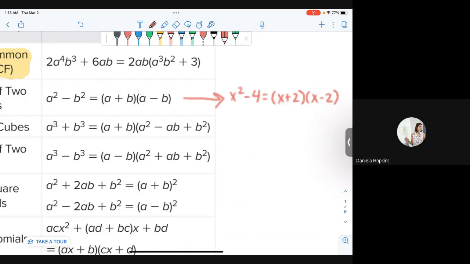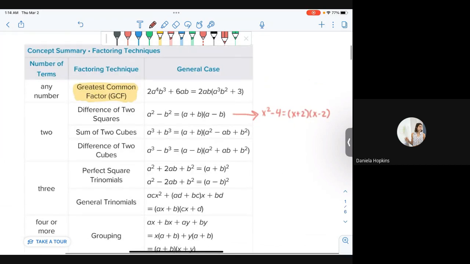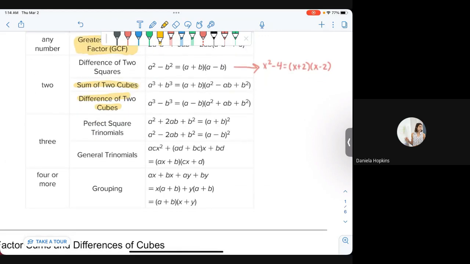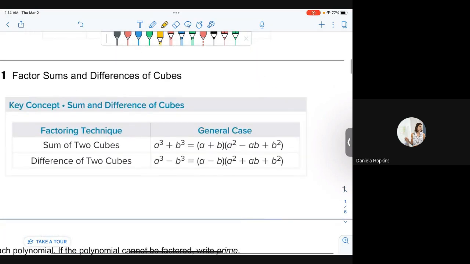So today what we're going to focus on are these two here, the sum of two cubes and the difference of two cubes. Tomorrow we'll look at grouping, if you have 4 terms down here, but that'll be for tomorrow. The sum and difference of cubes are just formulas that we're going to be applying. If it's a sum of cubes, notice there's an addition here because that's a sum.